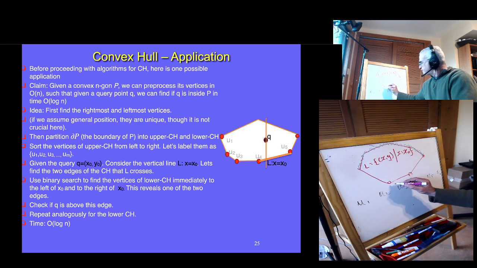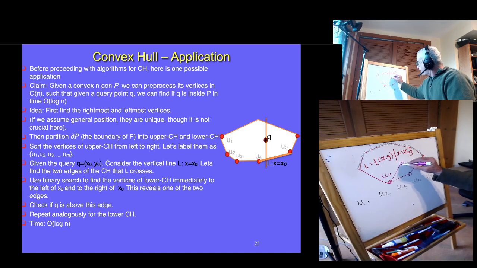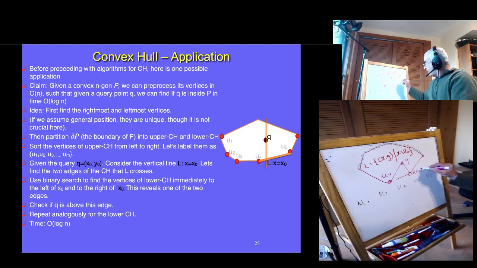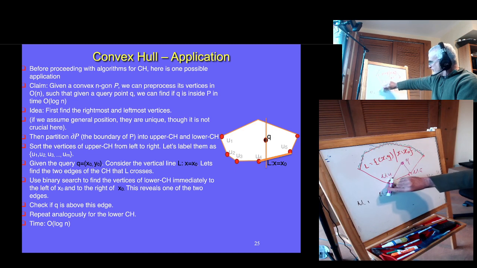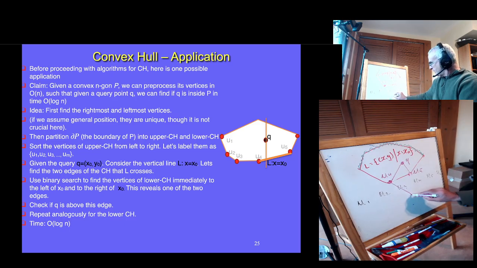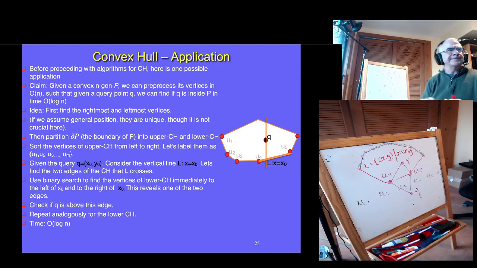When I'm going from U4 to Q to U5, if I'm driving along this way, did I have to turn my steering wheel to the right, or did I need to turn my steering wheel to the left, which will be the case if Q is below the edge U4, U5.